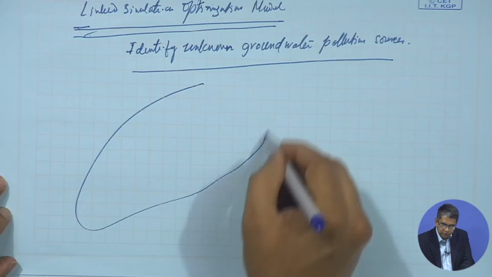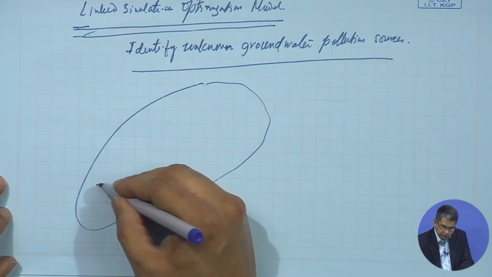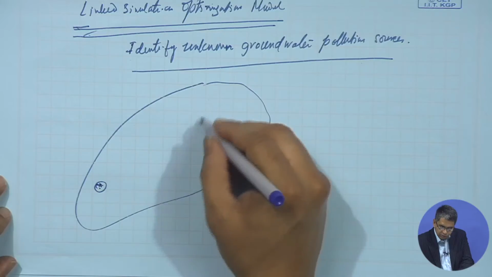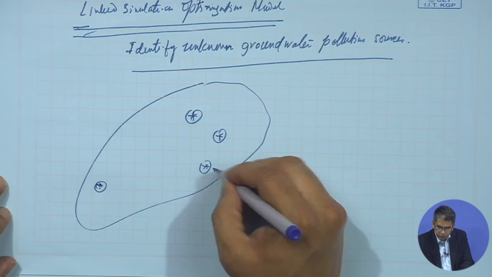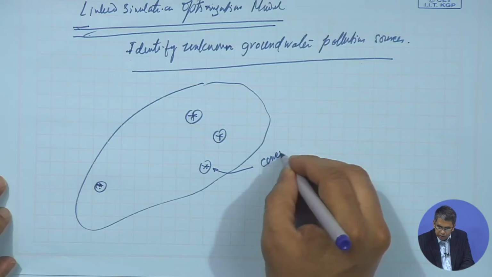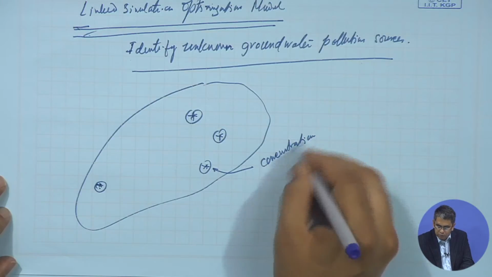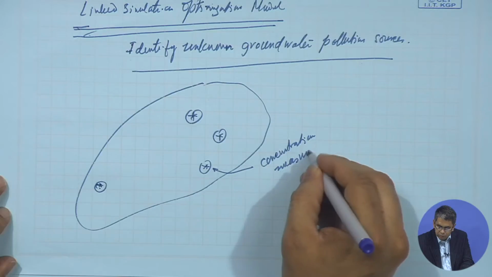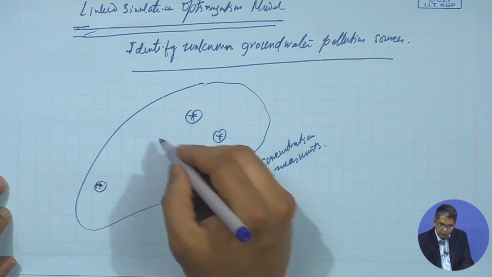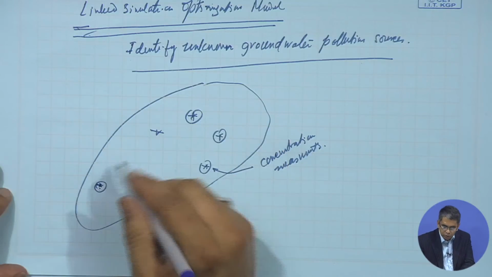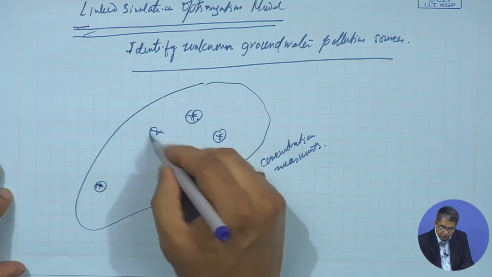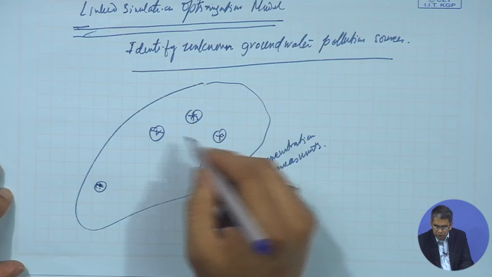You have an area, you have some values. Let's say these are the monitoring data or observed data, or maybe concentration measurements. You have a few of them, and you don't really know what the source is, because you don't know where this contamination is coming from.